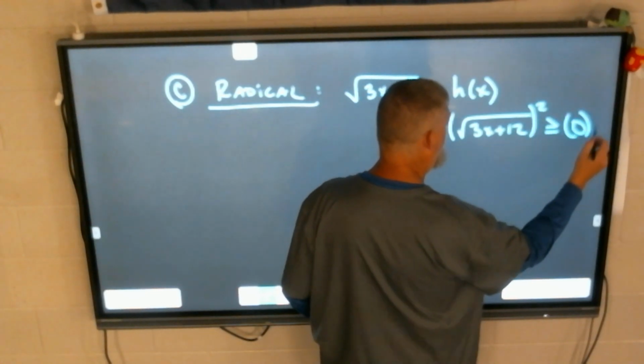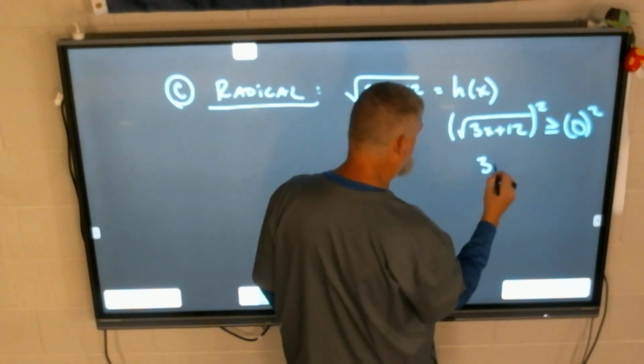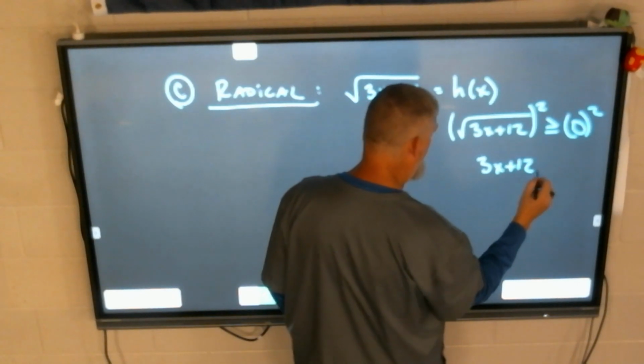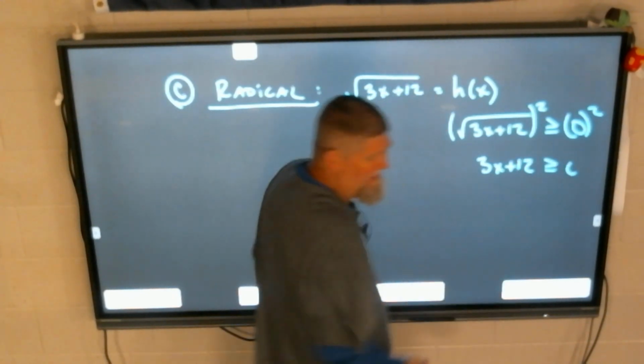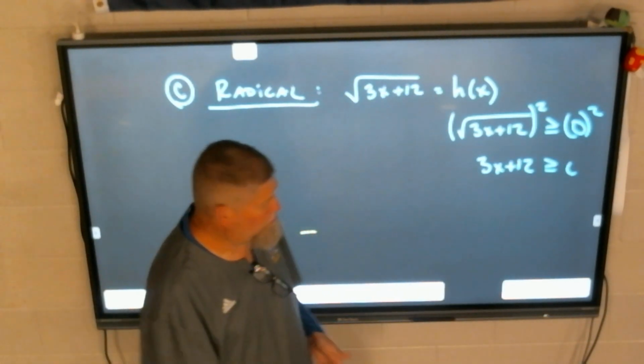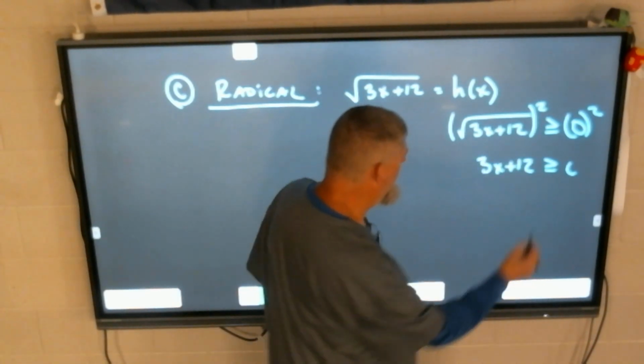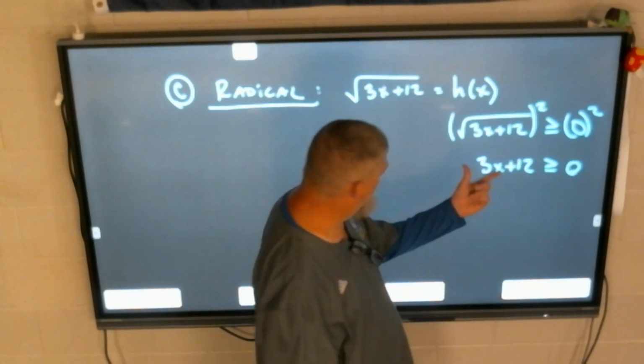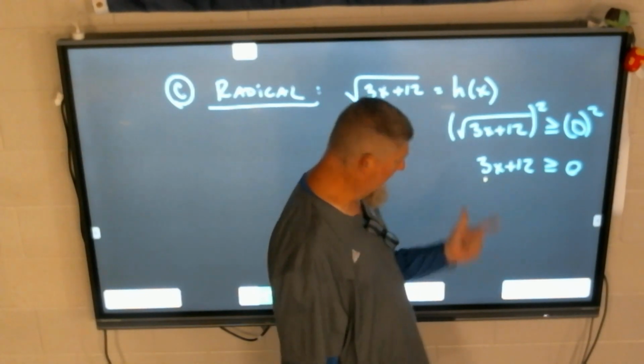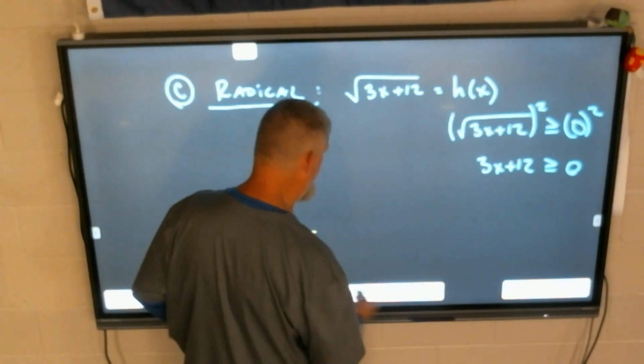Square both sides. So then 3x plus 12 is going to be greater than or equal to 0. By the way, every single time you do it, you're squaring 0. So if you just think about it, whatever's underneath the radical, which is called the radicand, has to be greater than or equal to 0.